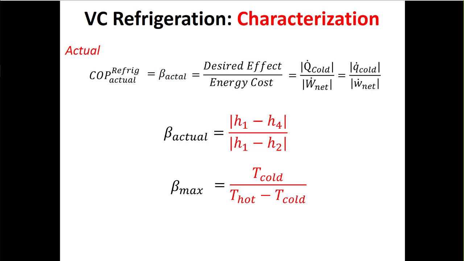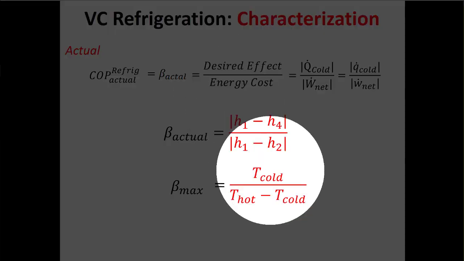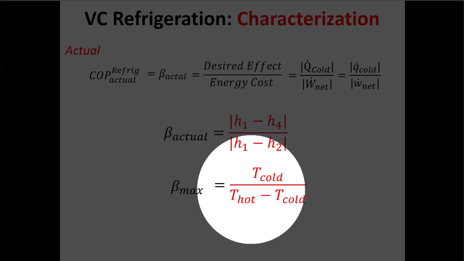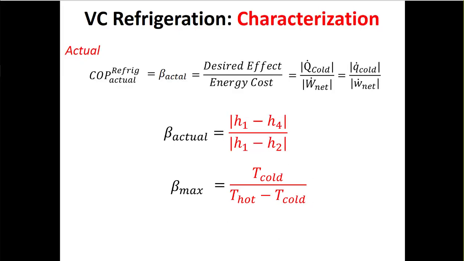We know that the actual coefficient of performance has to be less than the Carnot coefficient of performance. The other note here is that anytime you're doing these Carnot parameters, always change to Kelvin or Rankine, because then you'll never be wrong. At least you'd never be wrong for that reason. But certainly the numerator here has to be in Kelvin or Rankine because it's not a temperature difference.